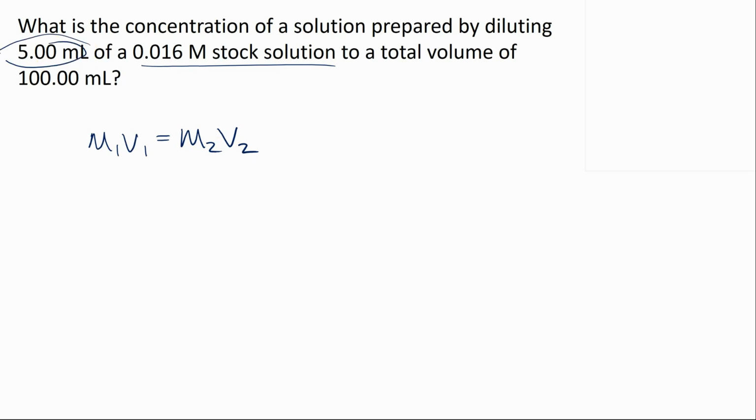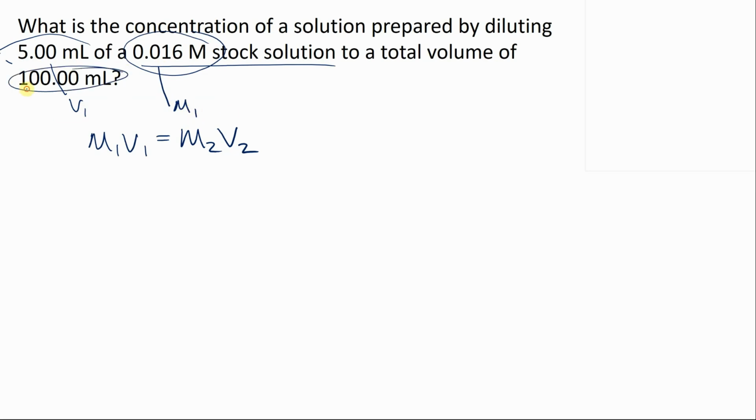And let's start with that. I'm going to go ahead and just give this volume the first set of conditions, V1. And now I'm looking for the concentration that goes with that 5 milliliters. And that keys me in that this 0.016 is the concentration at that same set of conditions.